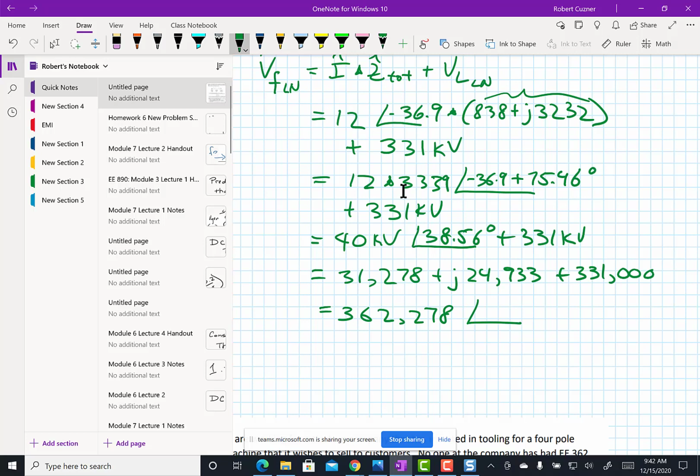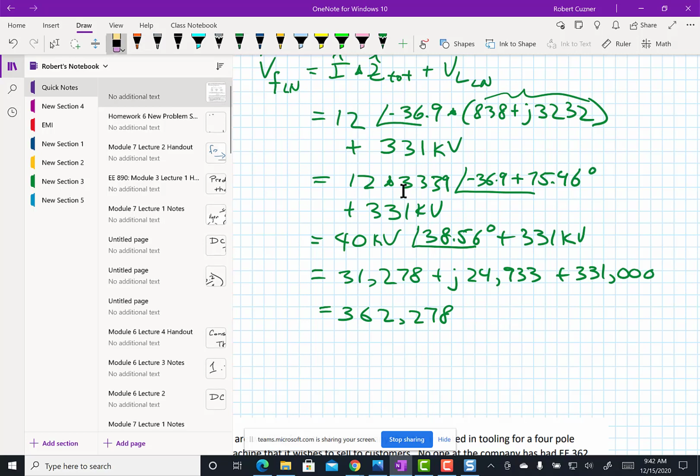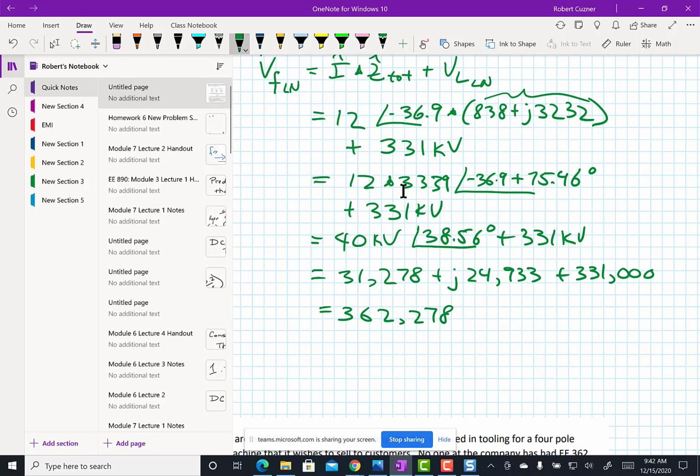And then the angle, I'm sorry, no, it isn't quite. I have to get it to phasor. I'm jumping the gun. Plus j 24,933. Now I'm going to sum the squares up and find the angles. So the square root of 362,278 squared plus 24,933 squared is 363,130 volts RMS.